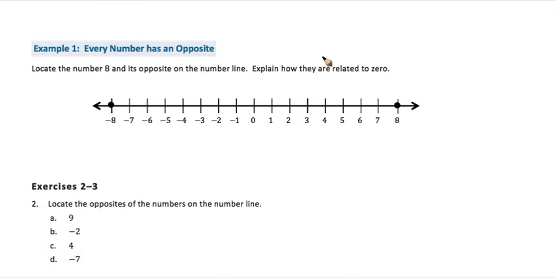The opposite of 4, which is 4 units to the right of 0, would be negative 4, which is 4 units to the left of 0. And finally, the opposite of negative 7, which is 7 units to the left of 0, would be positive 7, which is 7 units to the right of 0.